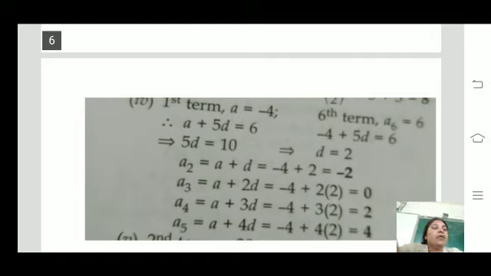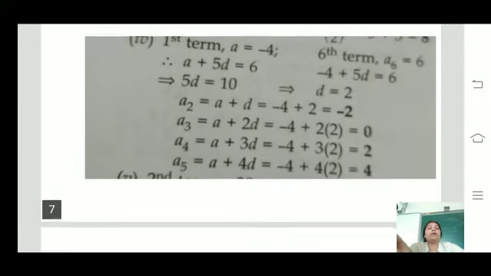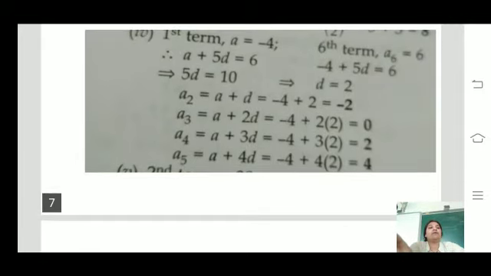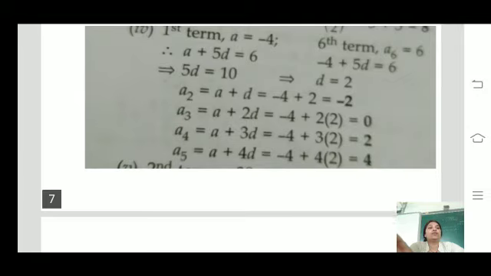Now once we know the value of A and D, we can calculate any term. Let us calculate the value of A2. A2 will be A plus D, that is minus 4 plus 2, that is minus 2. A3 can be calculated as A plus 2D, minus 4 plus 2 into 2, that is 4, minus 4 plus 4 gives 0.